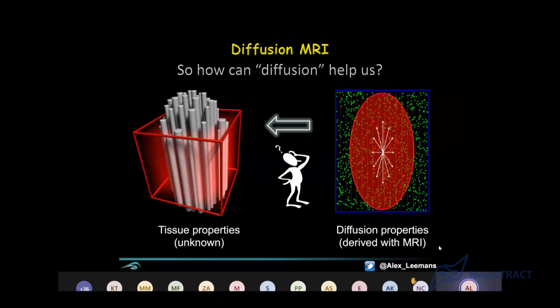Imagine that you've got fibrous tissue, very coherent tissue, and it breaks down. Then it's not coherent anymore. So the anisotropic diffusion behavior that you had first is damped. It becomes less anisotropic. These molecules will be able to spread out more quickly across the boundaries, because these boundaries are breaking down, right? So diffusion can be a very sensitive marker of pathology.